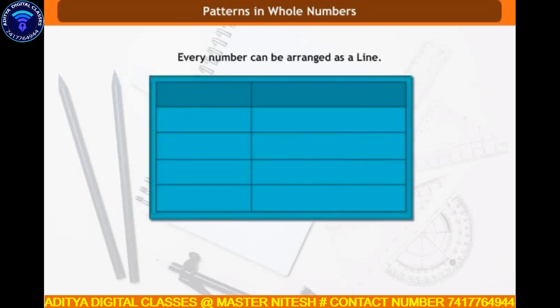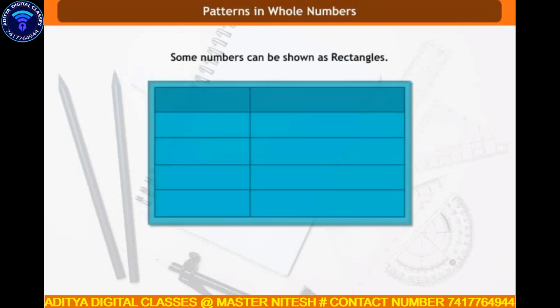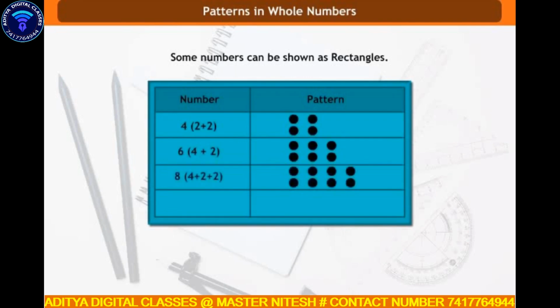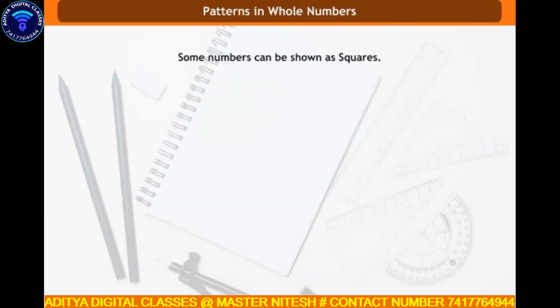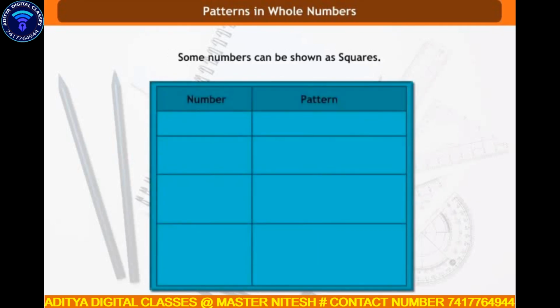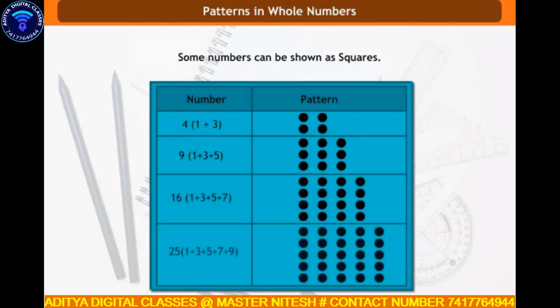Every whole number can be represented as a line: 2, 3, 4, 5, and so on. Some numbers can be shown as rectangles, such as 4, 6, 8, 10, and so on.